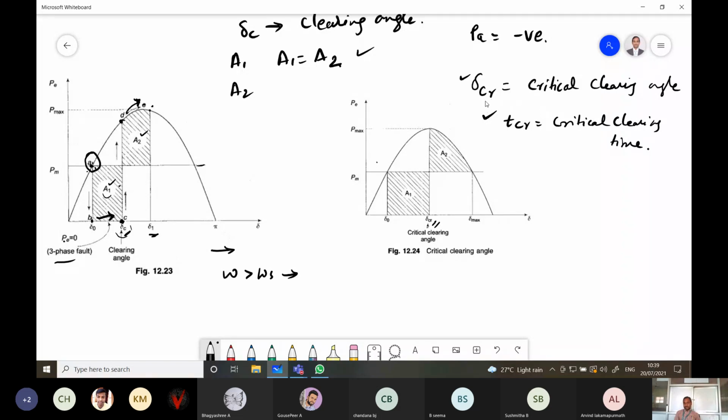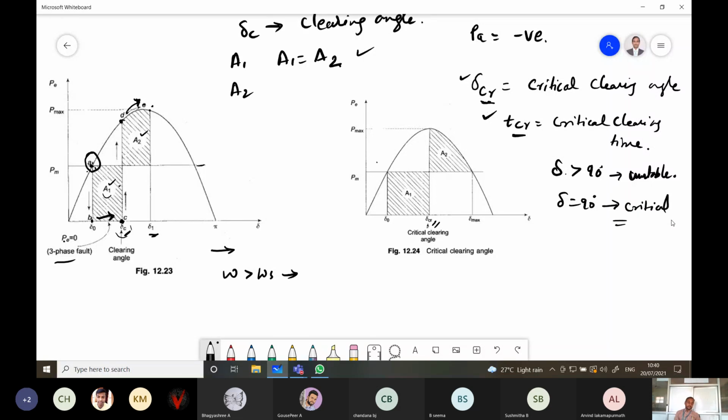Because it is a very critical case, it may come back to the stable position if delta is not more than 90 degrees. If delta is more than 90 degrees, it will become unstable. If it is less than or equal to 90 degrees, it will be a critical case.